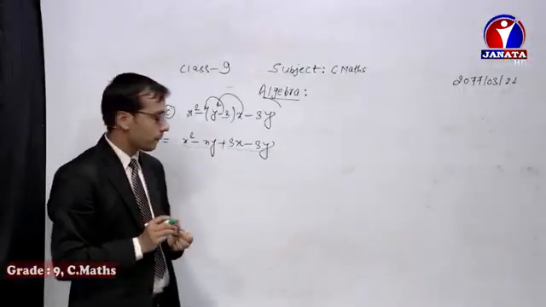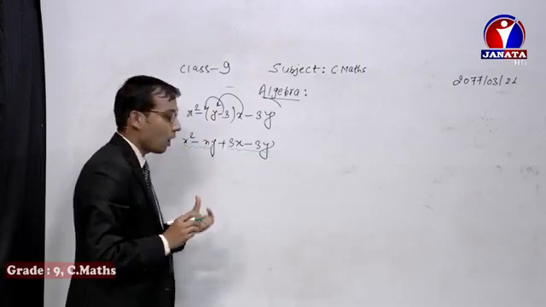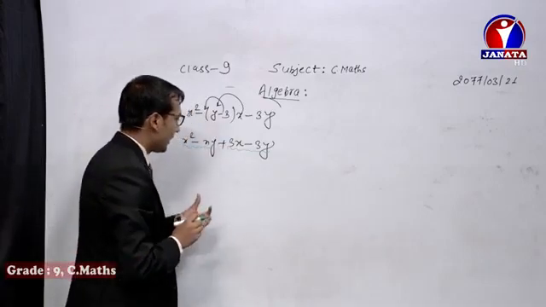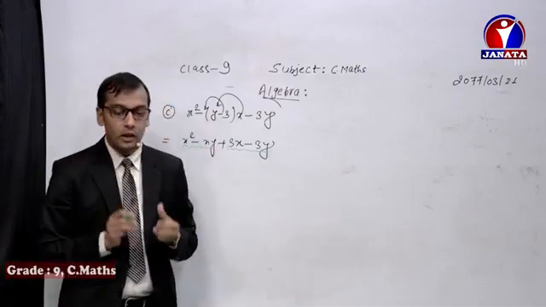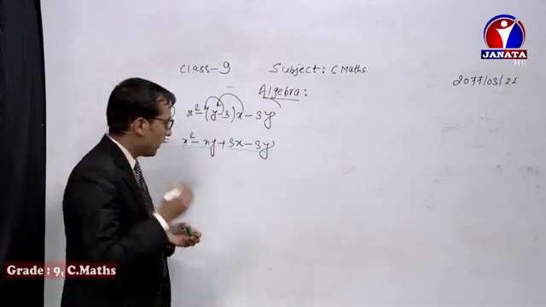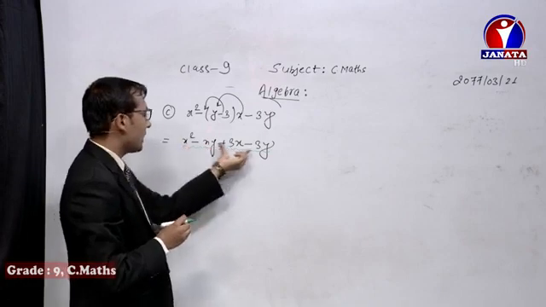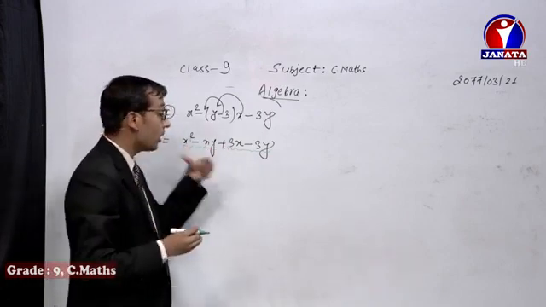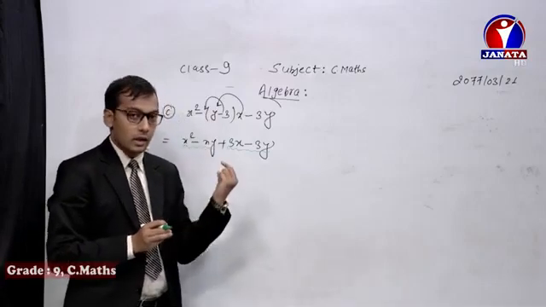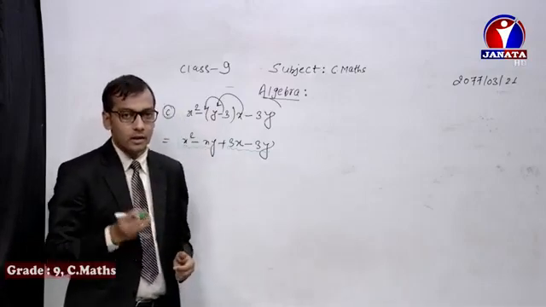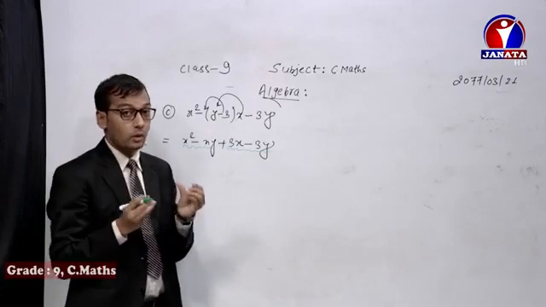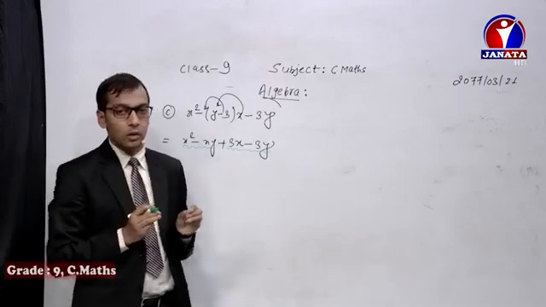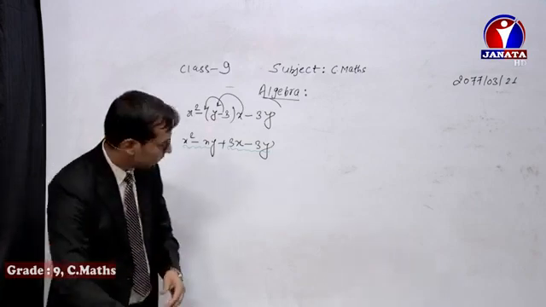If we try to take common from the first 2 terms and the next 2 terms, we can factorize. If by taking common from the first 2 terms and next 2 terms we cannot factorize the expression, we need to rearrange, like in the first example, the terms in suitable groups such that each group contains a common factor.